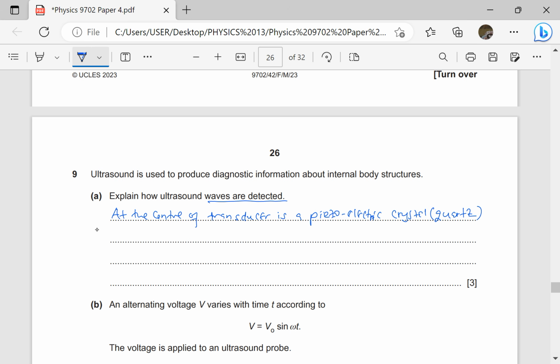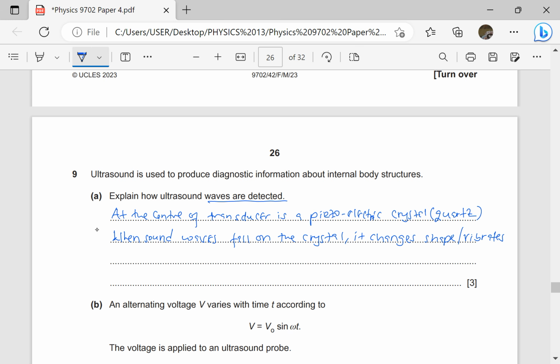And when the ultrasound waves fall on the quartz crystal, it changes shape or vibrates.